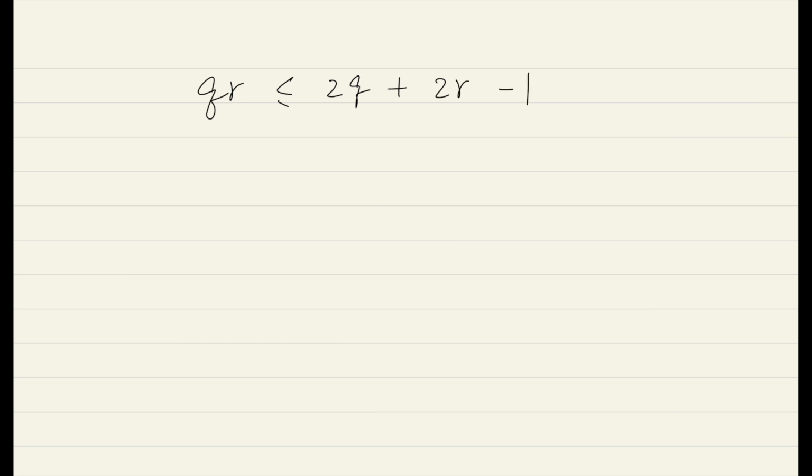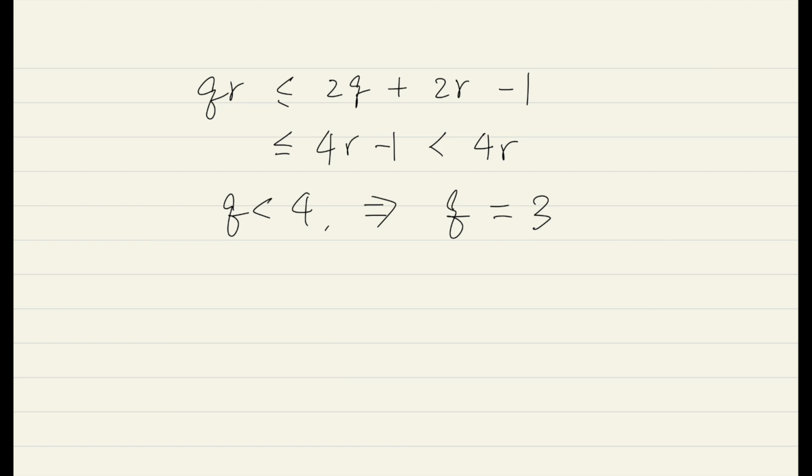This is less than or equal to 4R minus 1, which is strictly less than 4R. So we have that Q is less than 4. We know that Q is an odd number, so Q can only be 3.